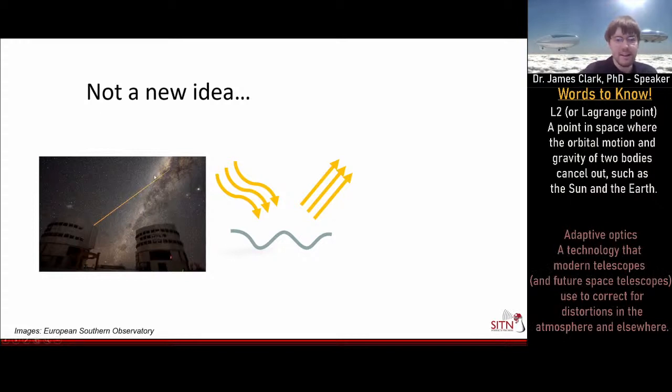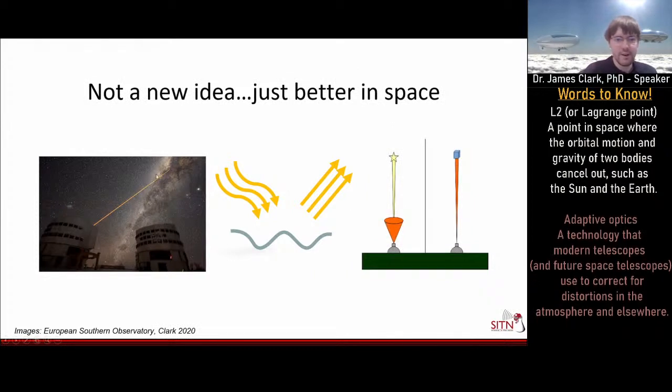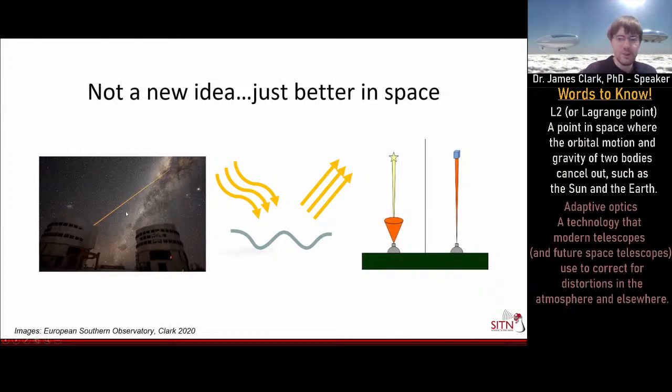This technique has been highly successful on Earth, but it does have its limitations. For space telescopes, there's no atmosphere to shine a laser into, and even on ground-based telescopes, even though that laser beam may look very straight, from an astronomer's perspective, it spreads out quite a bit wider than a star.